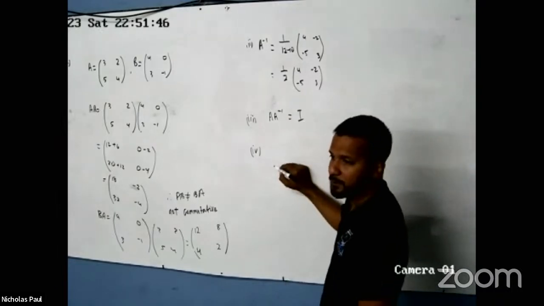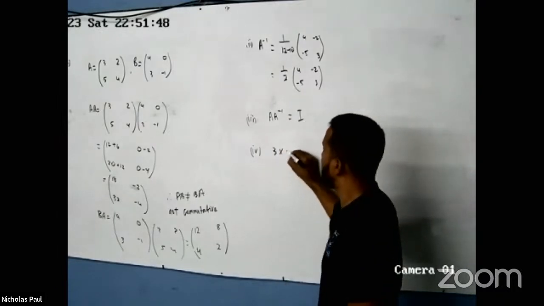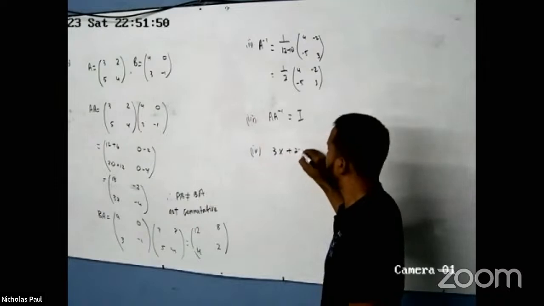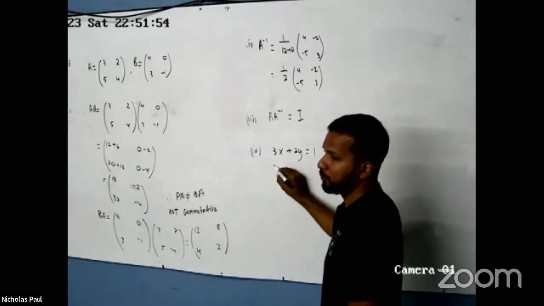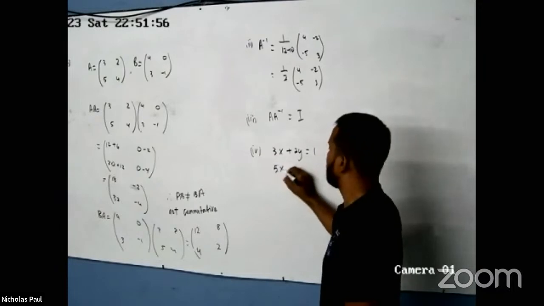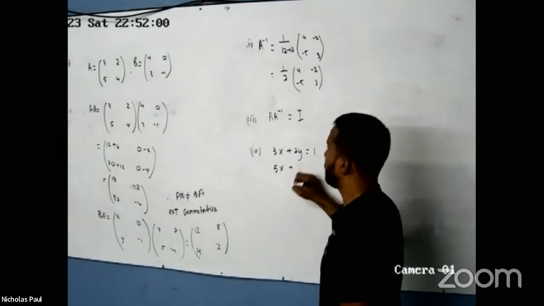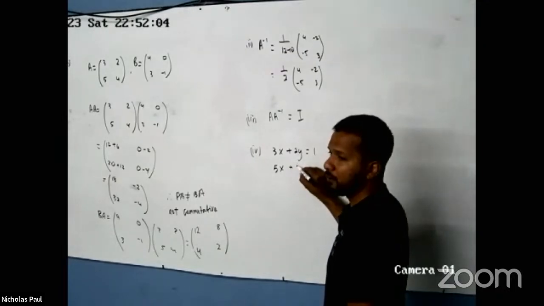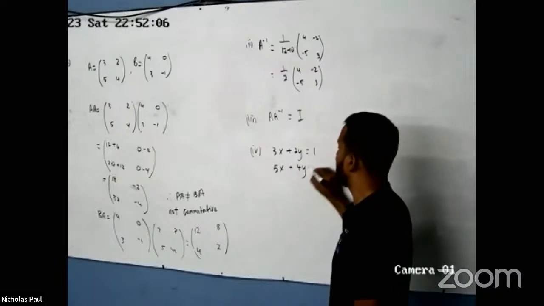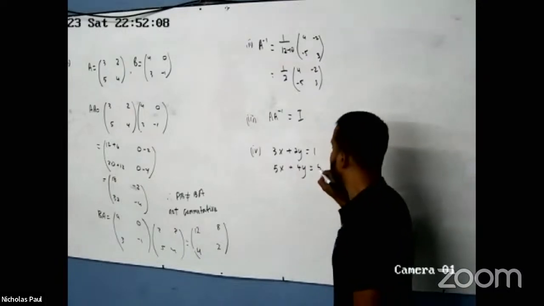And part 4, simultaneous equations. Plus 4y, plus 3y. Because now 4y is equal to 5.